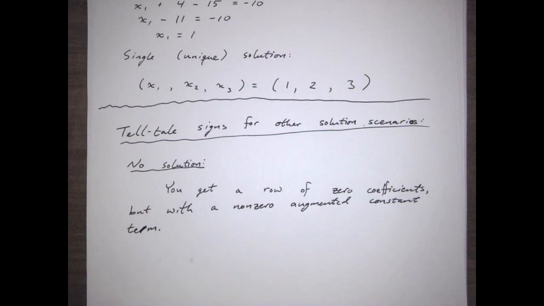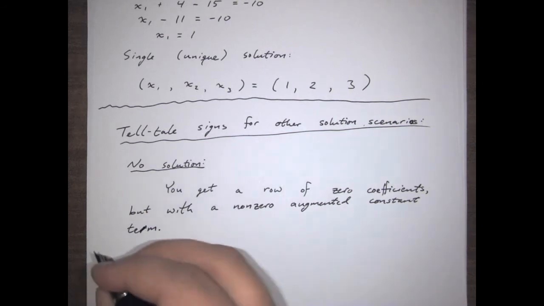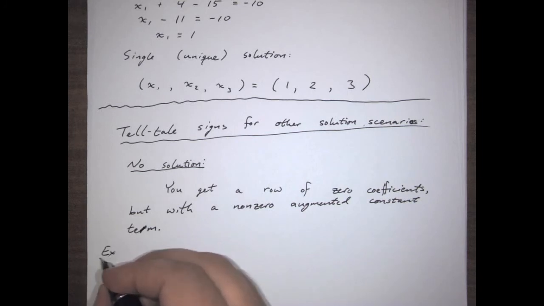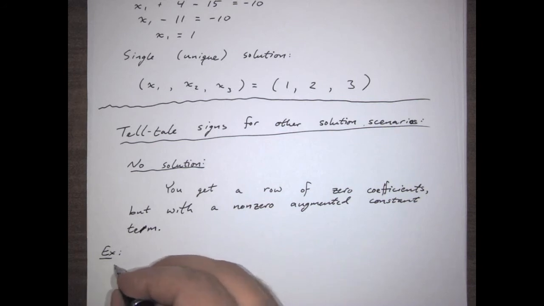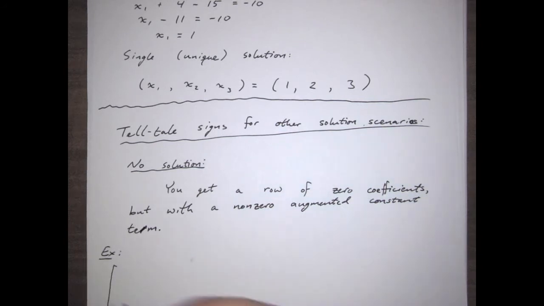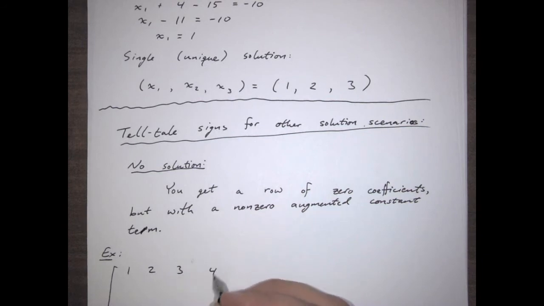So as an example, we might have something along these lines. Let's say that we had a matrix that looked like this. 1, 2, 3, and 4, with the 4 being augmented. 1, negative 3, negative 5, and 6, with the 6 being augmented.